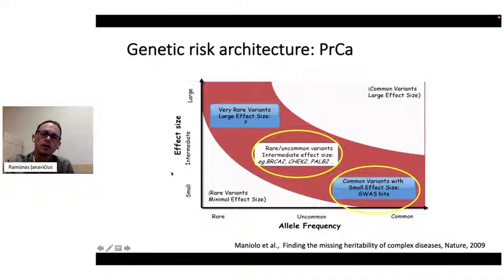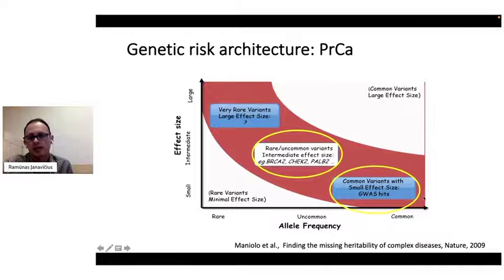So on the Y axis you have effect size, or actually genetic risk. Here on top you probably have kind of 100%, which is very unusual. Maybe in adenomatous familial polyposis you will have such a high risk, but it's very unusual.